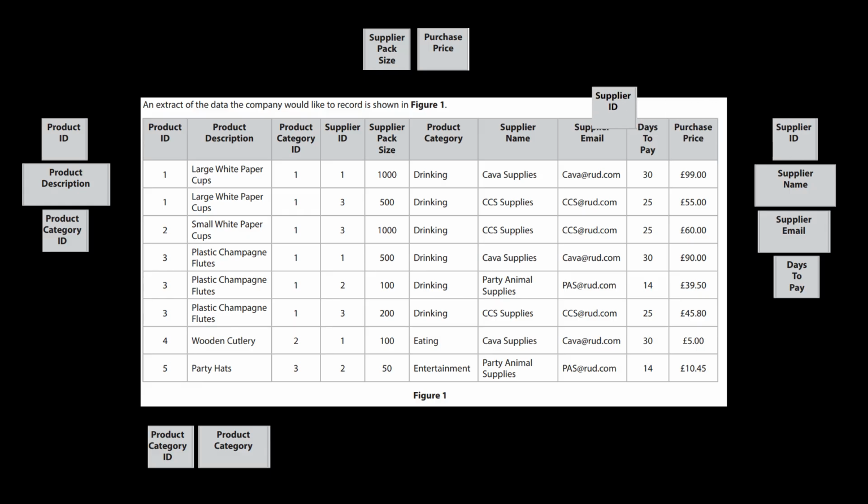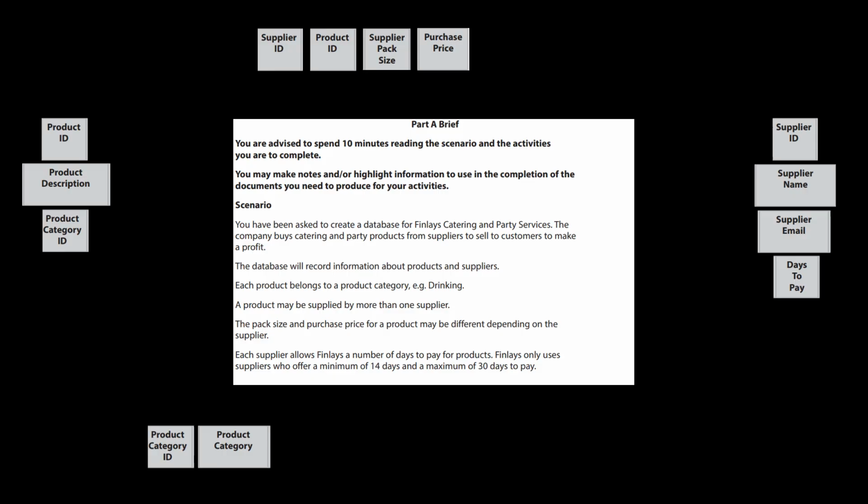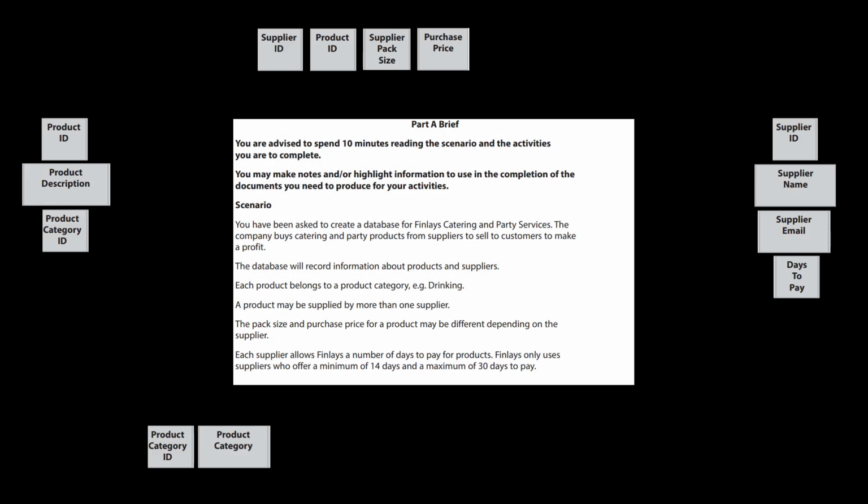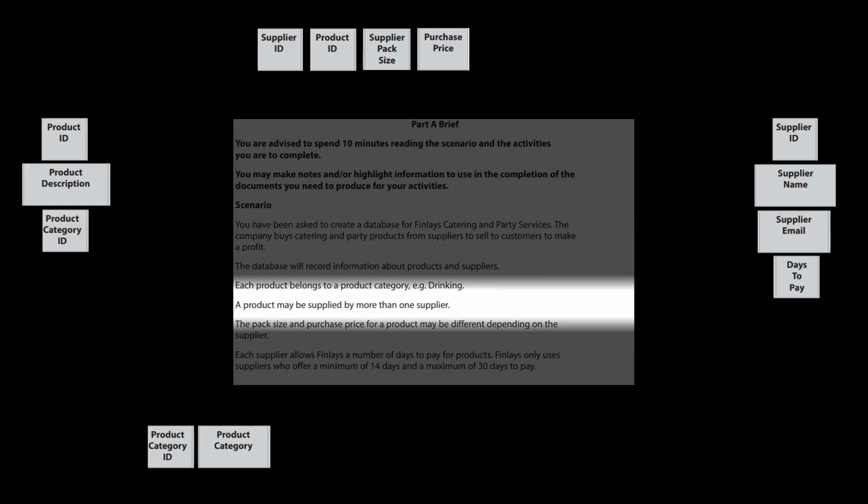The next is our supplier ID and product ID going into a table with the supplier pack size and purchase price. Now if we reflect back to the scenario, we can see that there is an indicator as to the pack size and purchase price for a product may be different depending on the supplier. So as you can see here, the foreign key for supplier ID is going to be really useful. Also, what the product is will come from the product table. And again here we have this as a foreign key.